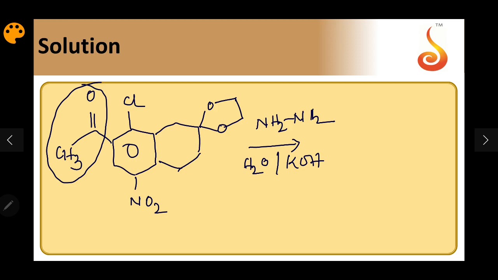The point is which other groups can get affected by this basic medium. So NO2 is there at para position with respect to chlorine. So this chlorine can be replaced by hydrazine, the nitrogen nucleophile, through SNAr mechanism. Because of the nitro group present, chlorine can undergo nucleophilic substitution in basic medium.